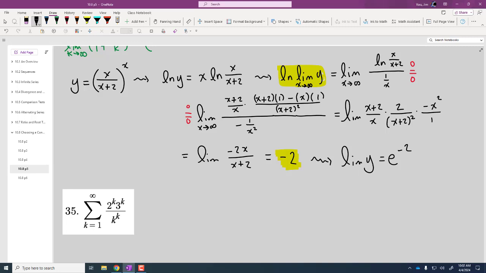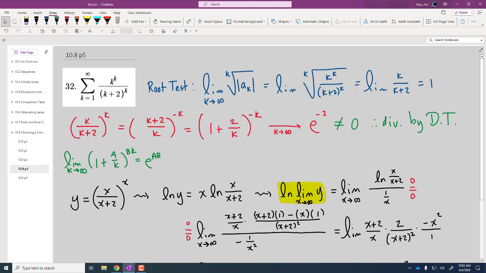So then we make our conclusion that this is not equal to 0, therefore diverge by the divergence test. I end up with the same answer. Of course. You should end up with the same answer. If you don't, back to the drawing board.